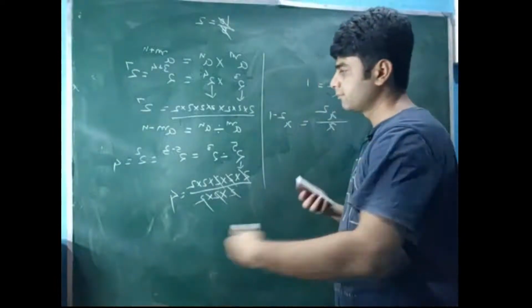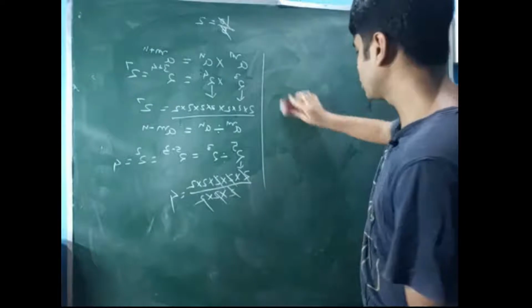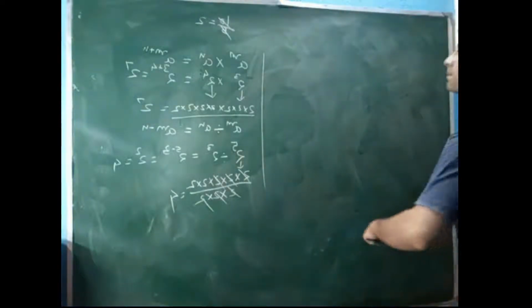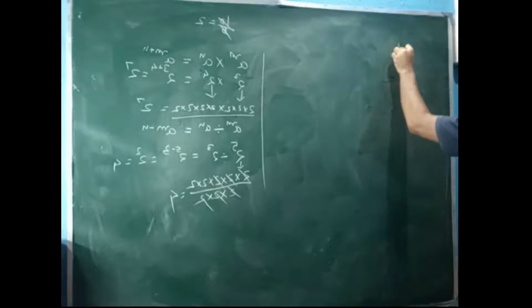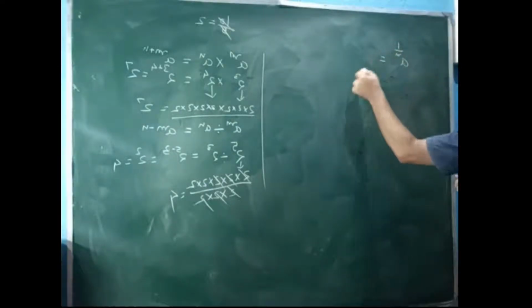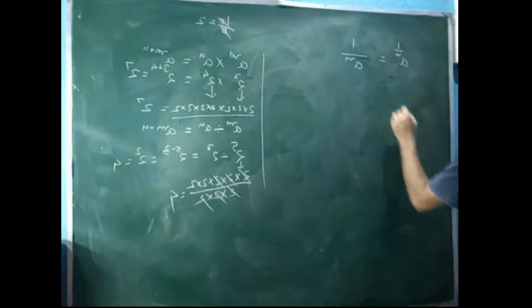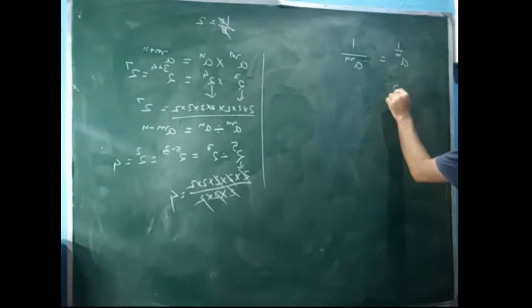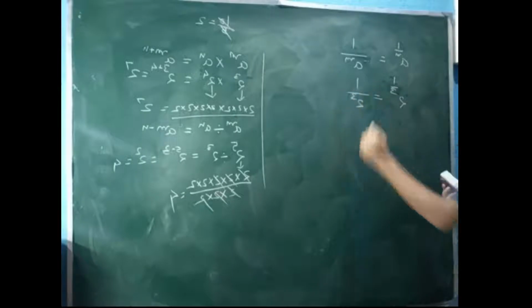So that is the basic concept of powers. Now obviously there are a lot more rules. If I have a to the power 1 by m, that basically means 1 by a to the power m. So if I have 2 to the power 1 by 3, then we can say it's basically 1 by 2 to the power 3. Okay.